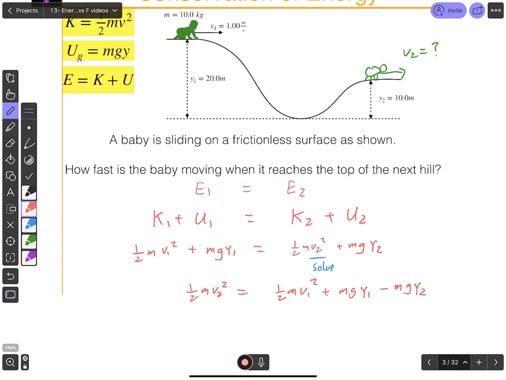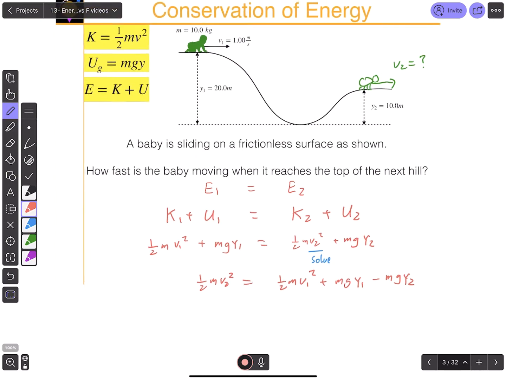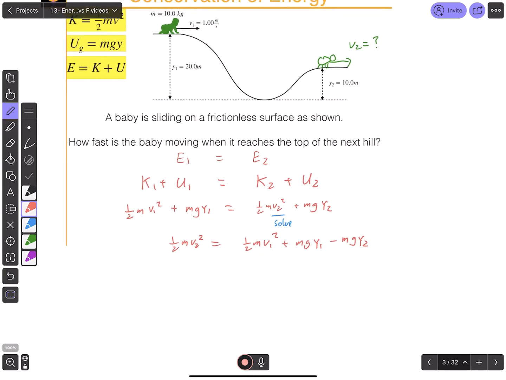So I flipped the equation and moved one term over, and I can divide out the mass from both sides. Then I end up with v2 squared equal to v1 squared plus 2g y1 minus 2g y2, and solve that for v2.